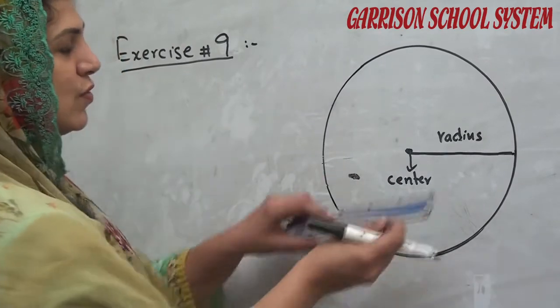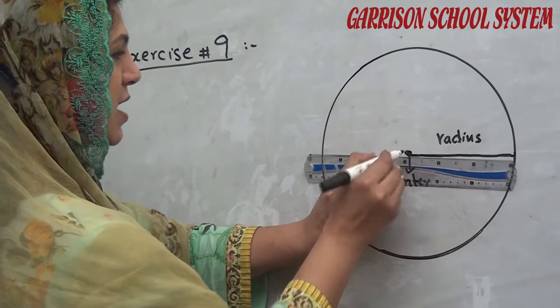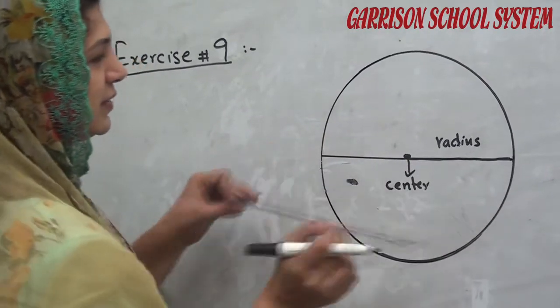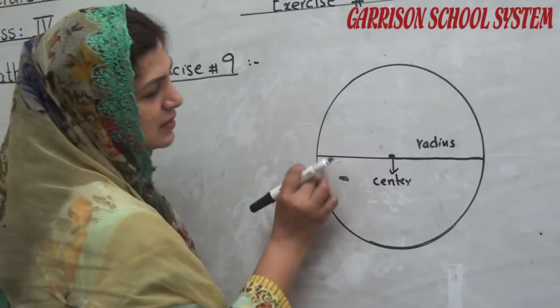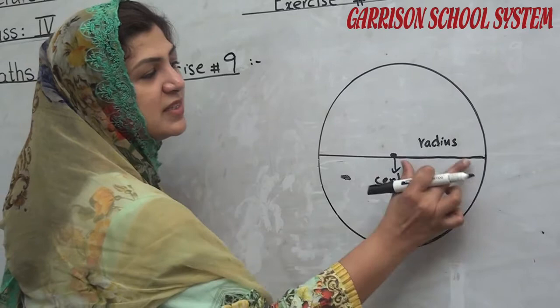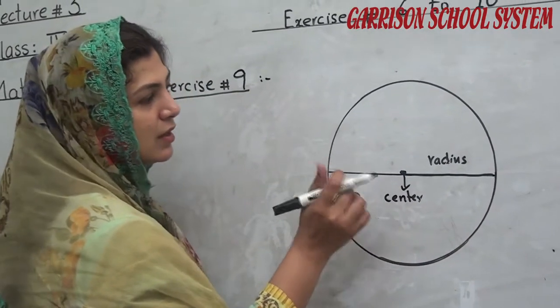And when we draw another line from the center of the circle, it is also called radius, because the distance of this one and the distance of this one is equal.